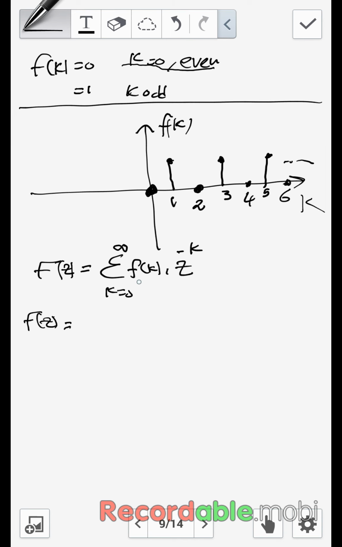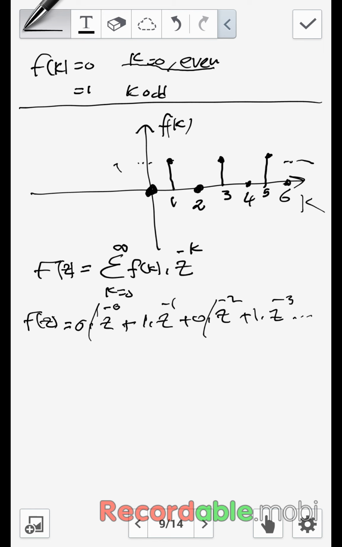For k equal to 0, f of k will equal 0 times z to the power of minus 0, plus for k equal to 1, f of k will equal 1, so it will be 1 times z to the power of minus 1, and 0 times z to the power of minus 2, and 1 times z to the power of minus 3, and so on.